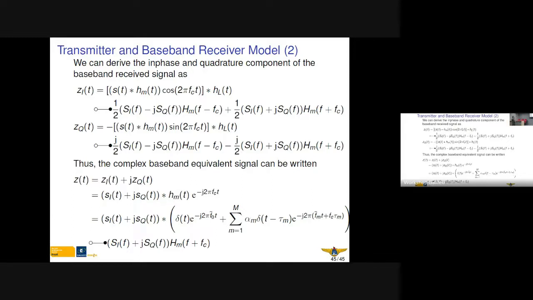And the delay on the signal is also introduced by this Dirac delta function with t minus tau m. So we have a time delay plus a phase shift.